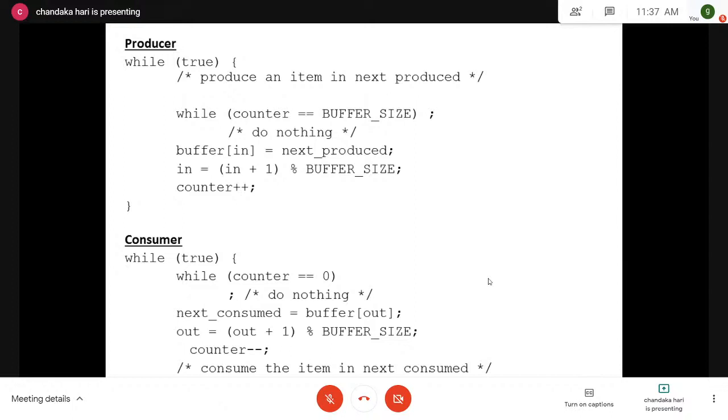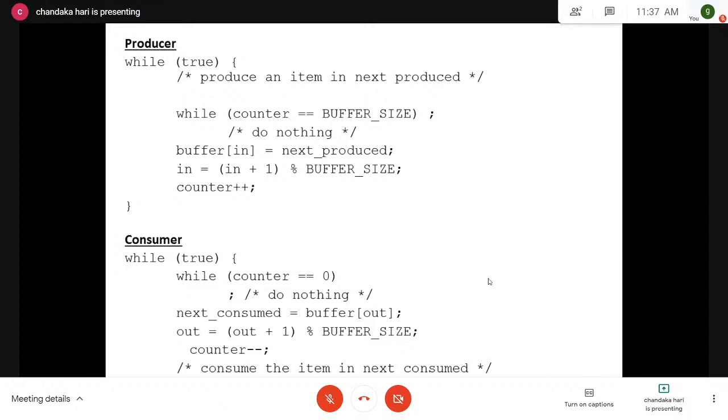You take one item using the out pointer, then out = (out + 1) % buffer size. After removing one item from the buffer, the counter value is decremented. Now observe: the producer is incrementing the counter value and the consumer is decrementing it. Both processes share a common variable called counter.